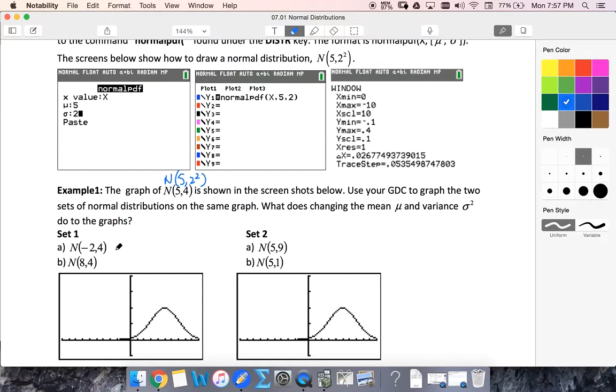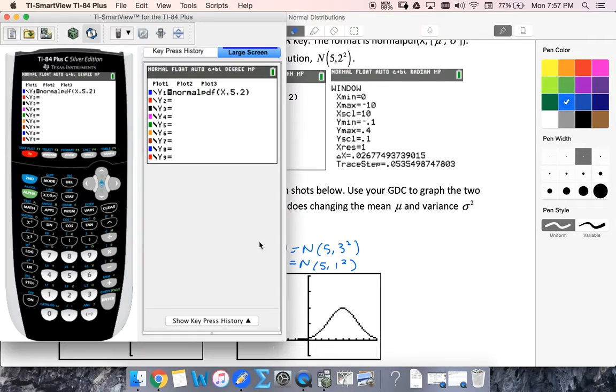So down here, that's the same as -2, 2 squared, 8, 2 squared, over in set 2, 5, 3 squared, and 5, 1 squared. So remember, we always want the number that's being squared for when we're putting it in our calculator. So let's come into our calculator.